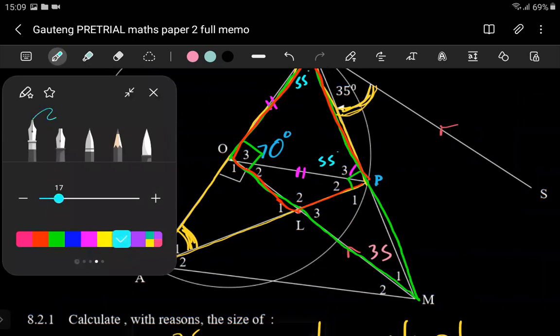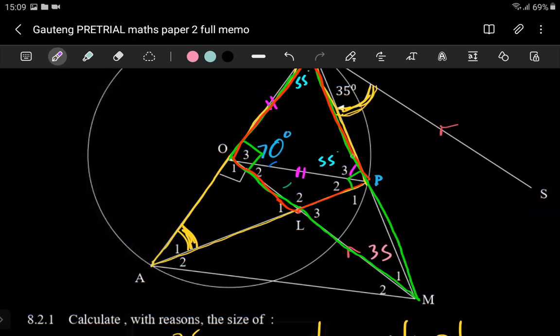I don't know which color to use because everything now is just like a rainbow. So we should prove that OP is a tangent to a circle that passes through these points, P, L, M.